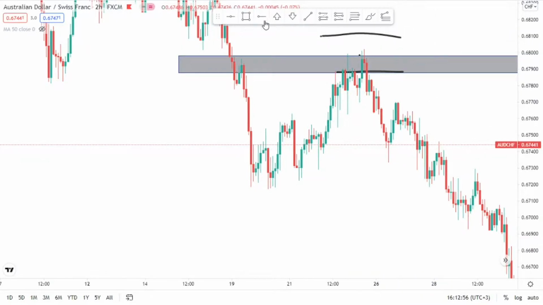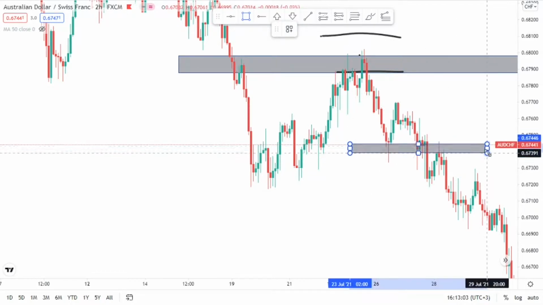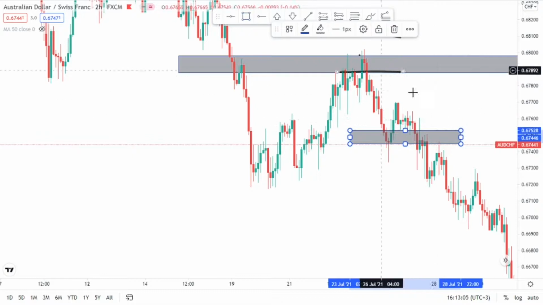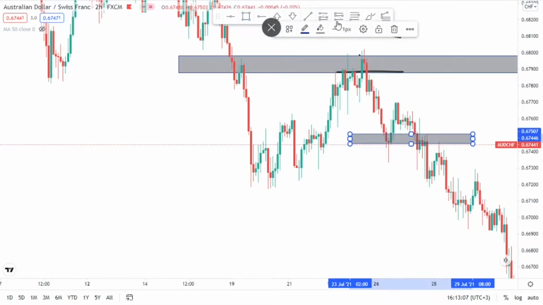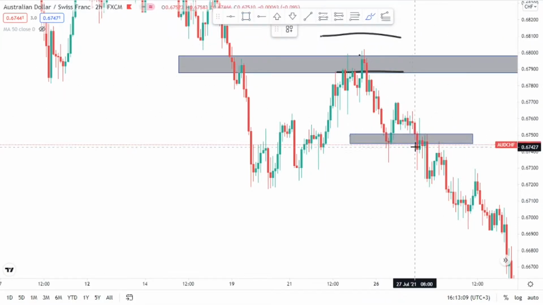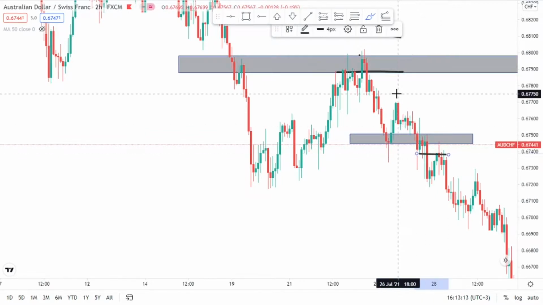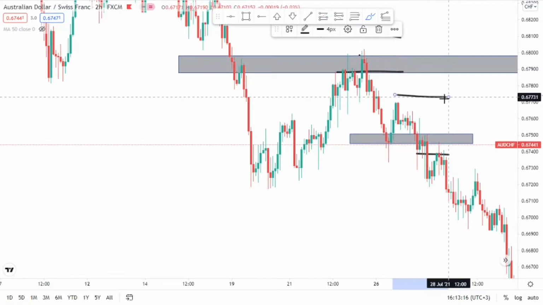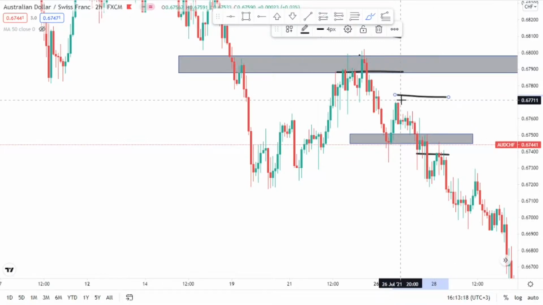So at this particular point, this was the low, you entered right there, price came and printed this low right here. So as price was breaking this low, you could have added your position right there and your stop loss right above the previous swing high, and the previous lower high is this area right here.